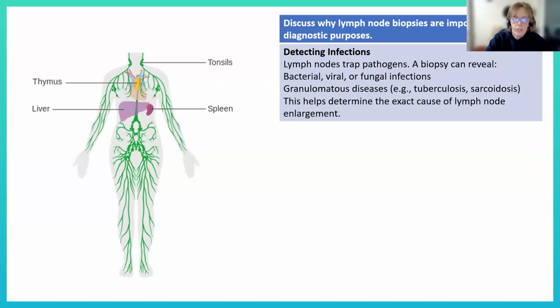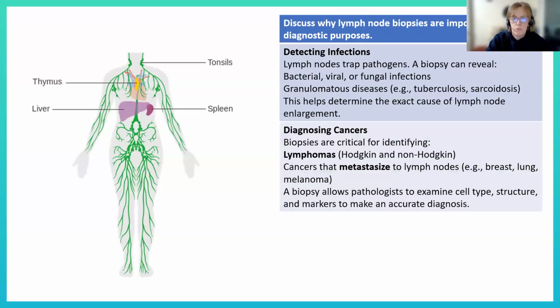You'd have to be pretty sick with an infection to have a biopsy, but some infections do get you pretty sick, like tuberculosis, for example, is a really nasty bacterial infection. If you can take the biopsy and isolate the pathogen, you can determine what the infection is.